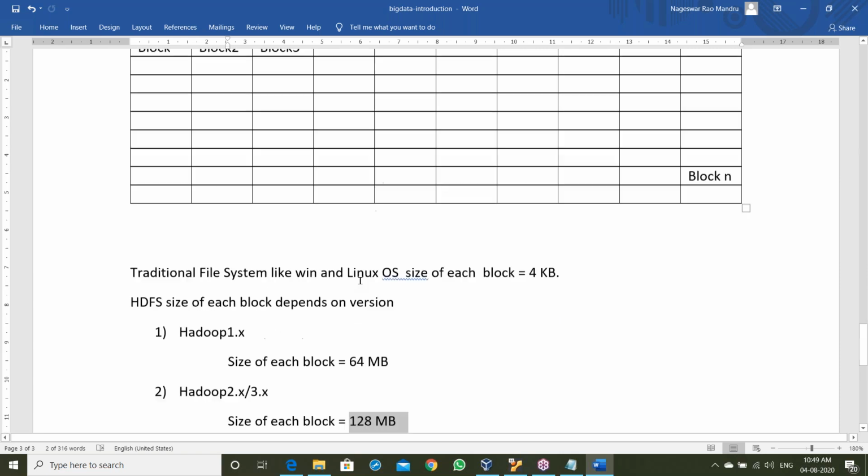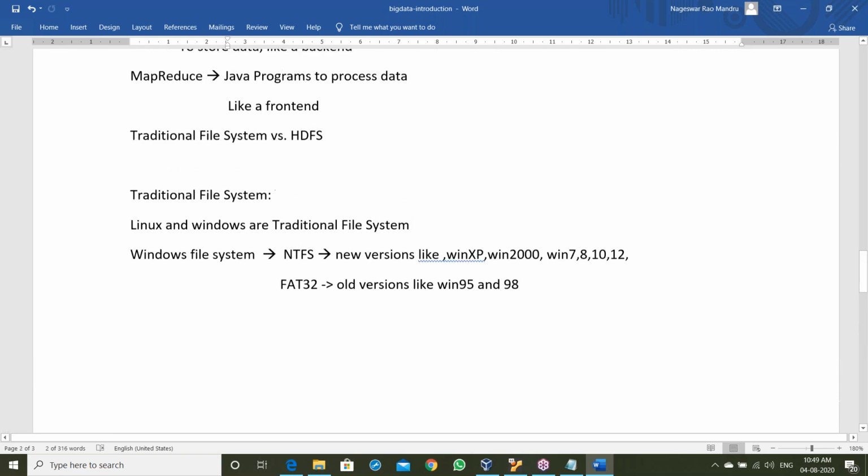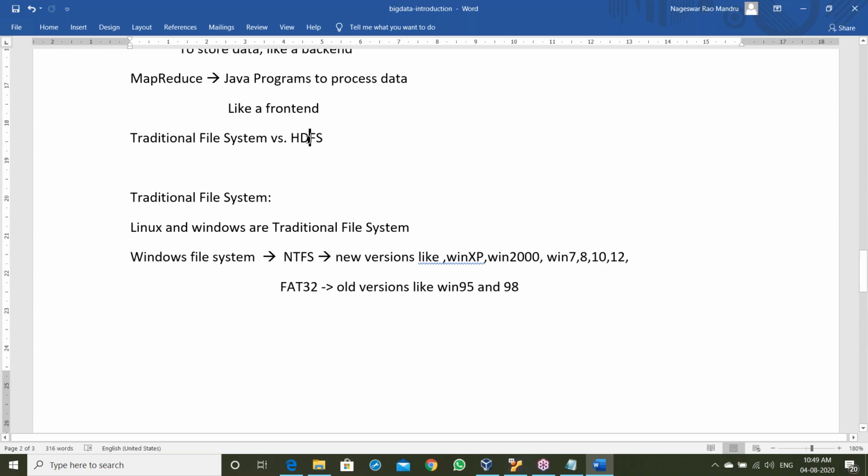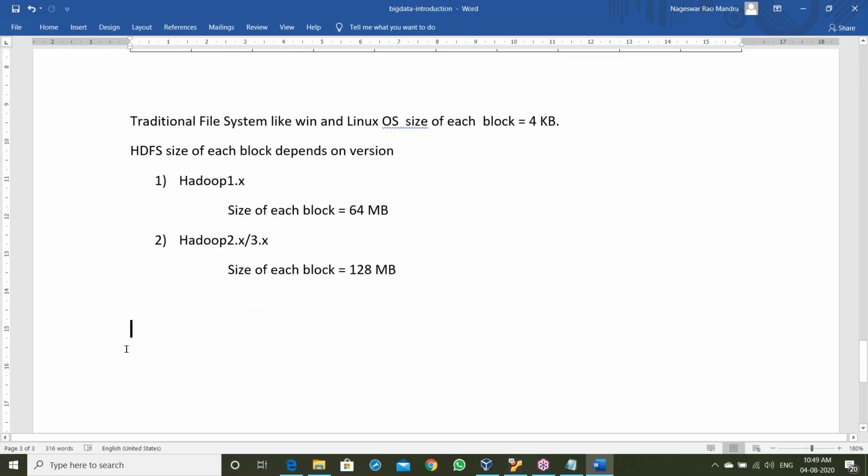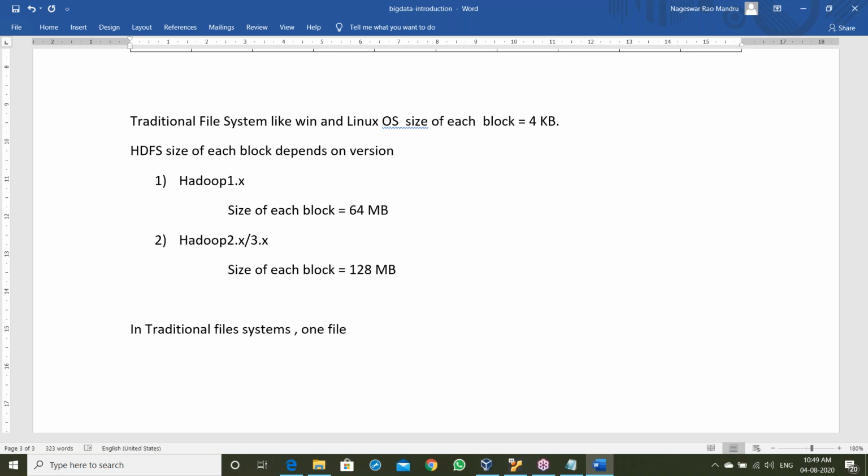Now, what is the main difference between a traditional file system and HDFS? In traditional file systems, one file is stored on only one computer, not multiple computers.